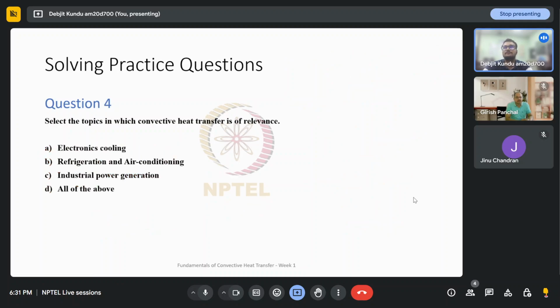Now we'll move on to question 4. It's a simple one asking us which topics convective heat transfer is of relevance to. Is it option A, electronics cooling, option B, refrigeration and air conditioning, option C, industrial power generation, or is it option D, all of the above?